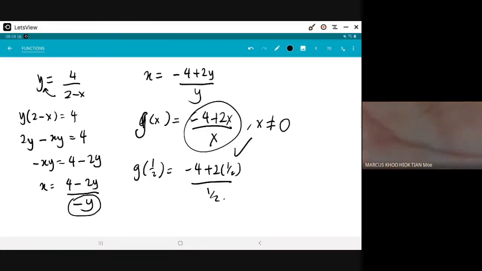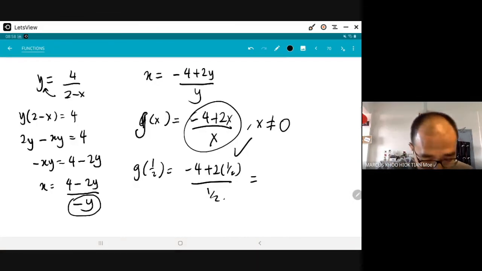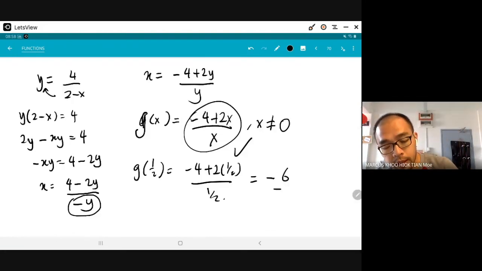And then of course, after that kamu akan dapat negative 4 plus 1 is negative 3. Negative 3 divided by a half is negative 6. Yeah. I think that's the answer. Skill practice 1.10. Yeah, negative 6.